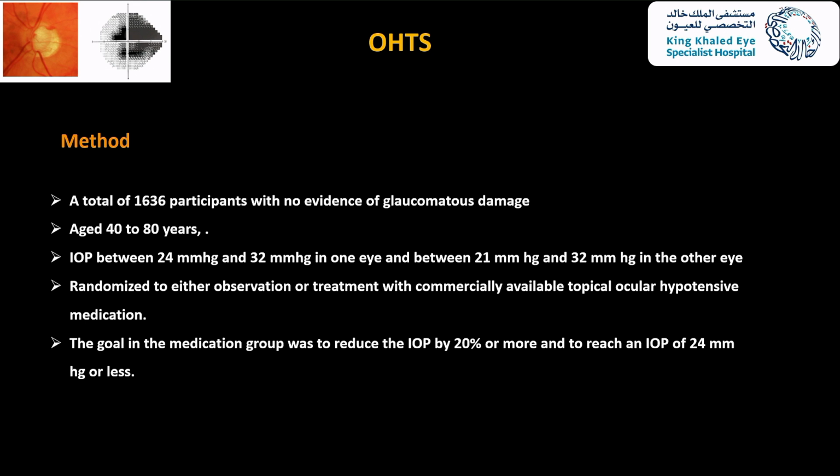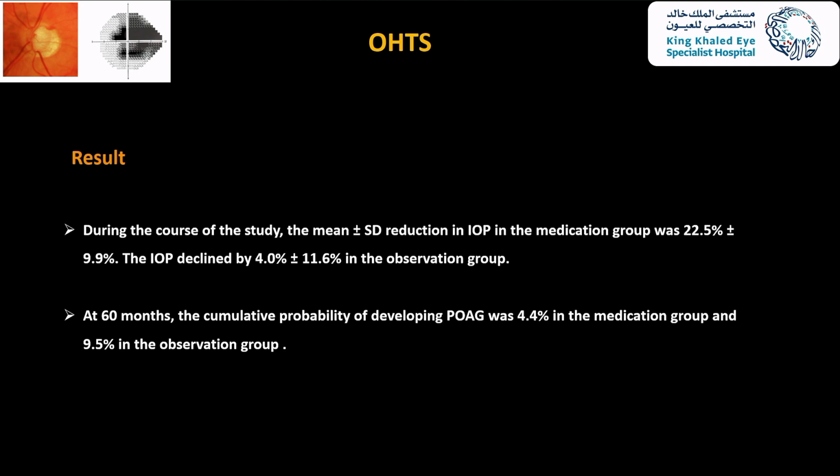So this is the main goal in the treatment group. During the course of the study, the mean reduction in IOP in the medication group was 22.5%, and almost 9.9%, and the IOP declined by 4% in the observation group.